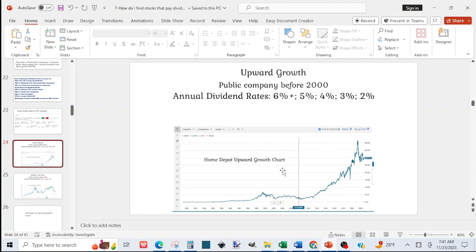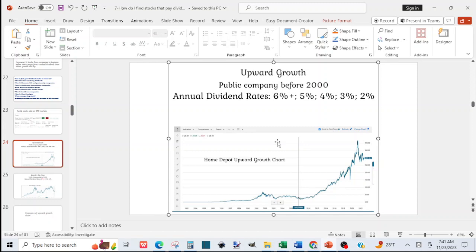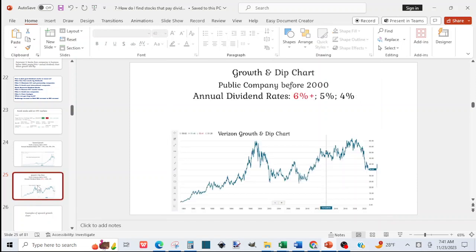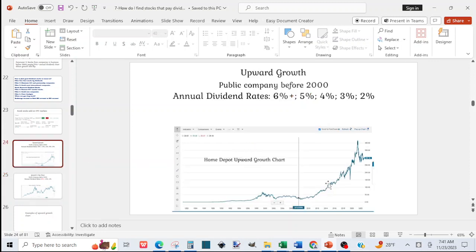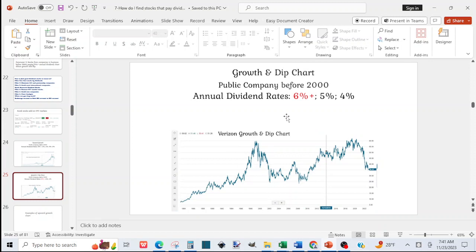So now this is an example of an upward trend. This is an example of growth and dip. And for growth and dip, you want companies that went public.